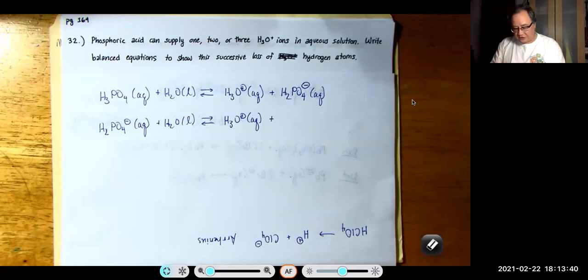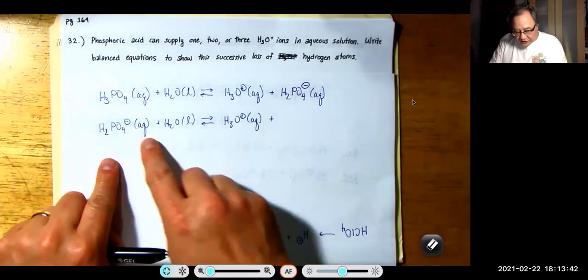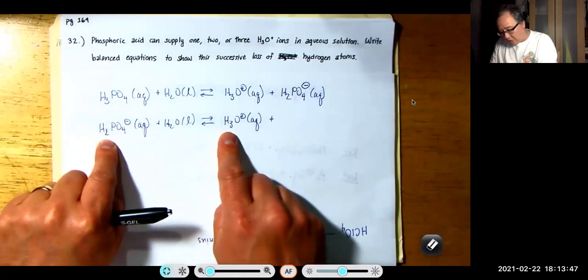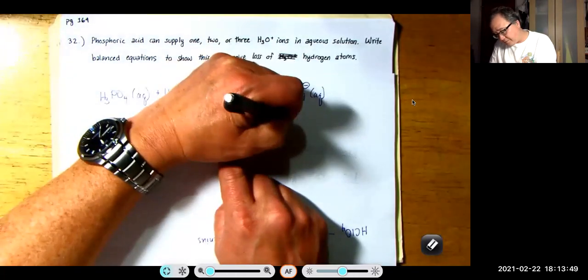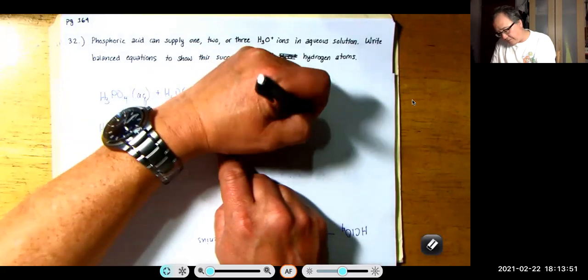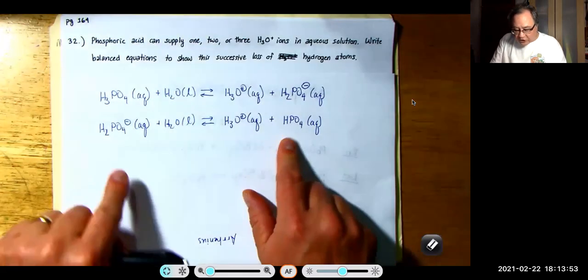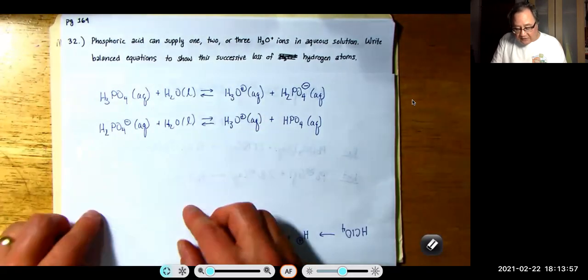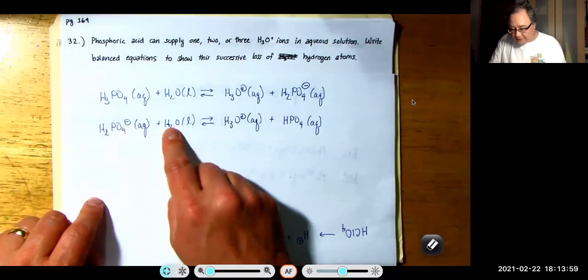Okay, so because this loses a hydrogen, it's going to become HPO4. And we know that the charges have to add up to be the same on each side. -1 and 0 is -1.